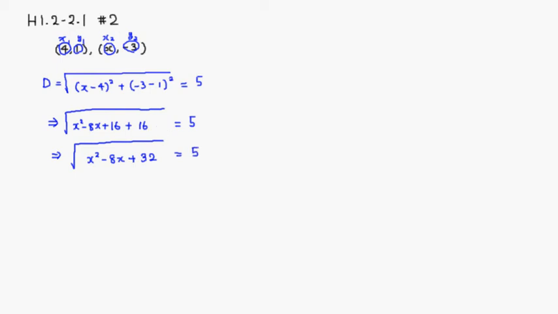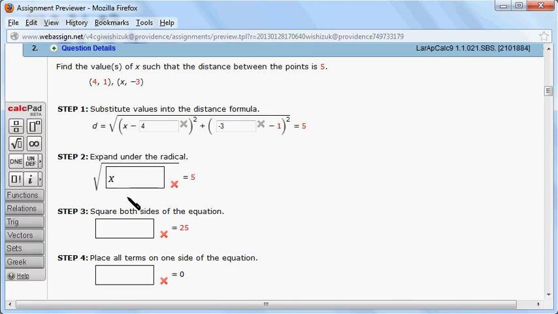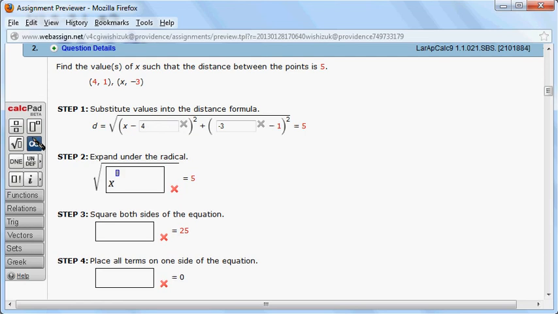Right, so go back and type it in. Alright, so this is going to be x squared, so I guess you have to use this, x squared, minus 8x plus 32. Right, type that in.